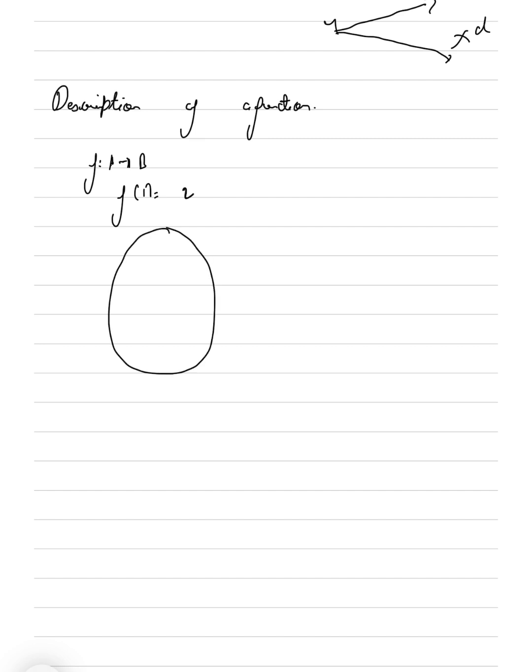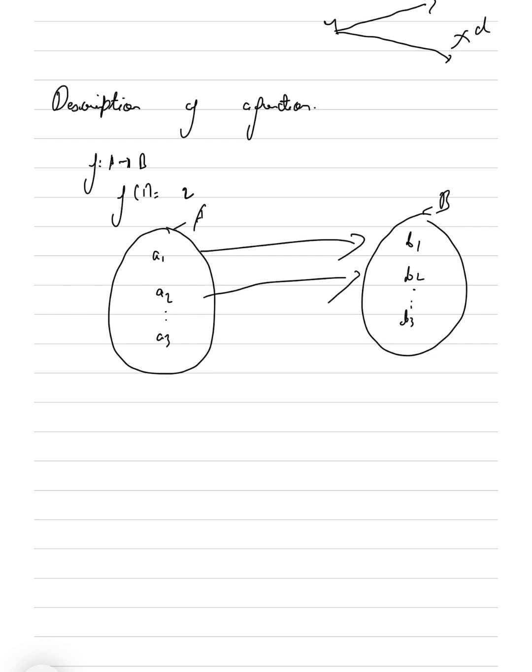For example, if you have set A and set B, and there are elements a1, a2, a3 associated with unique elements of set B, you can write f(a1) equals b1, f(a2) equals b2, and f(a3) equals b3. So these are the ways of writing a function.